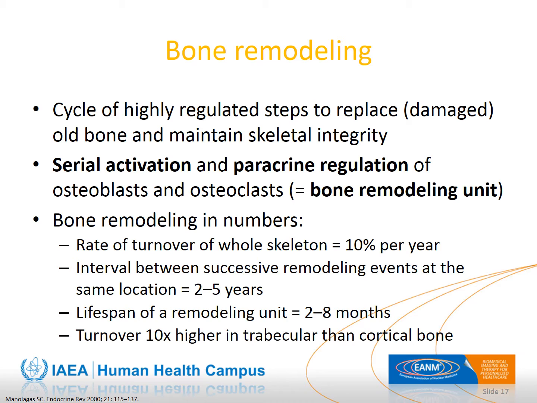The rate of bone turnover of the whole skeleton is approximately 10% per year, and the interval between successive remodeling events at the same location is between 2 and 5 years. The average lifespan of a bone remodeling unit is 2 to 8 months, and finally, the turnover is 10 times higher in trabecular bone compared to cortical bone.